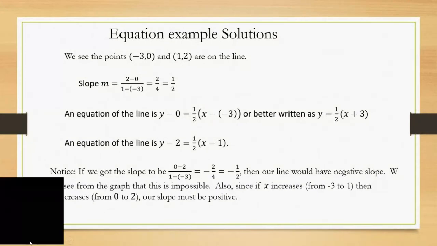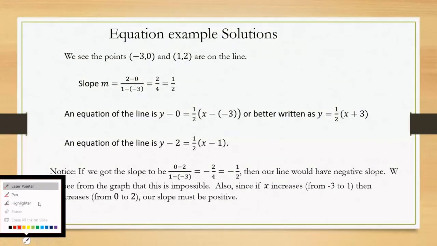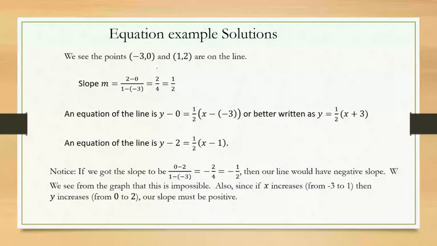Again, same idea. Let me get the pen out. So we can do this from the second point to the first point. 2 minus 0 over 1 minus -3.